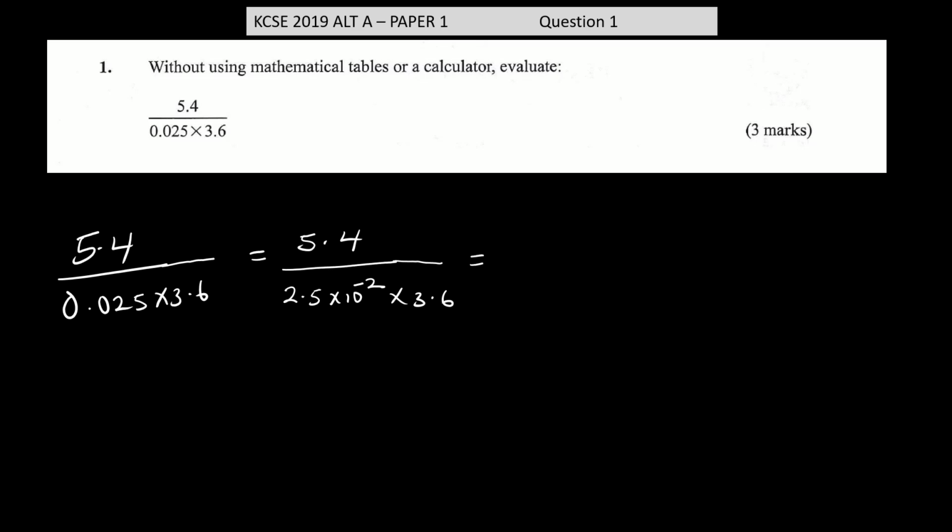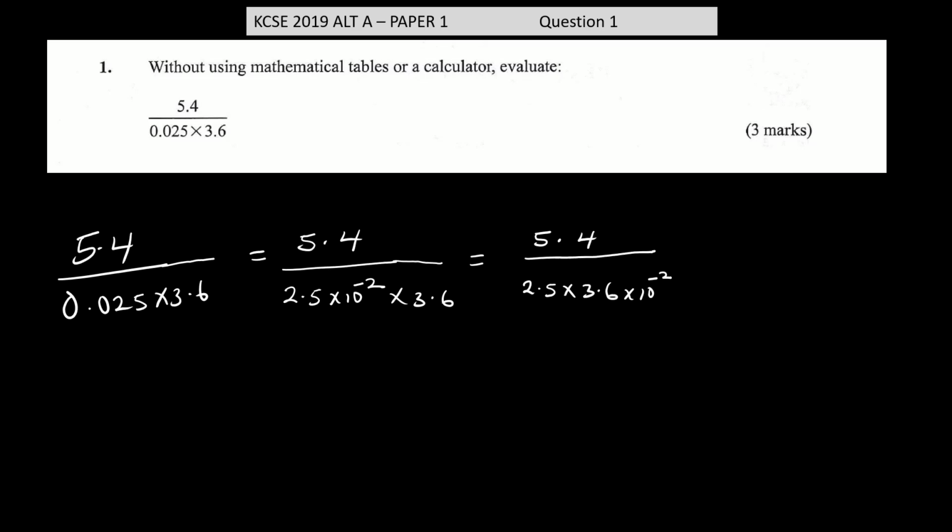We can further simplify this to be equal to 5.4 over, if you look at the denominator, we have a multiplication sign, so we can interchange these numbers. So we now have 2.5 times 3.6 times 10 to the power of negative 2.